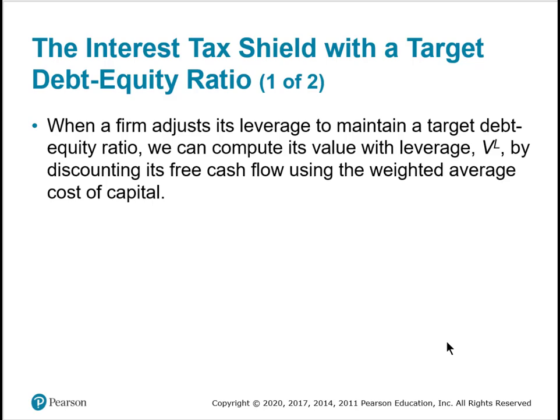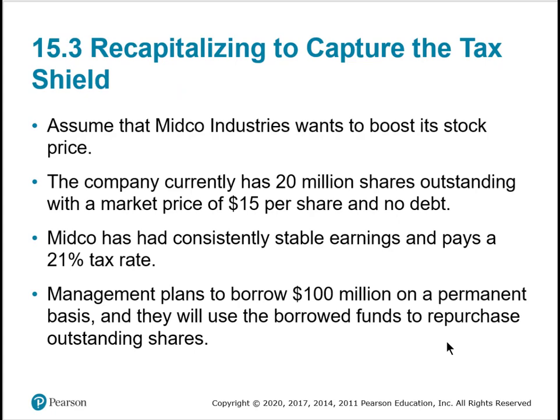Now, if we want to adjust our leverage, obviously it has an impact on V sub L. So it's going to have a change in the weighted average cost of capital.